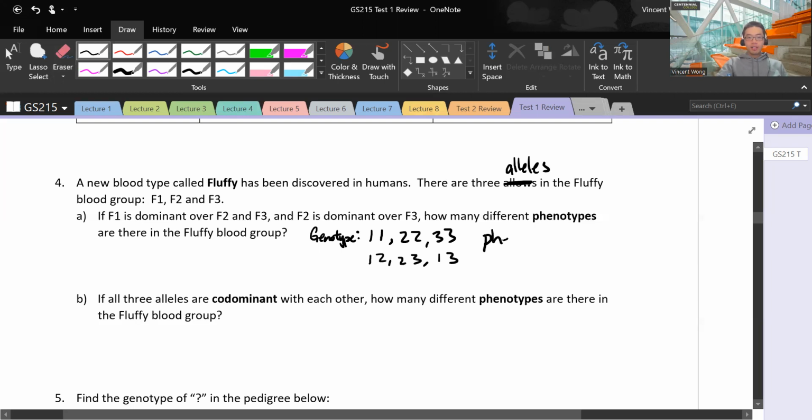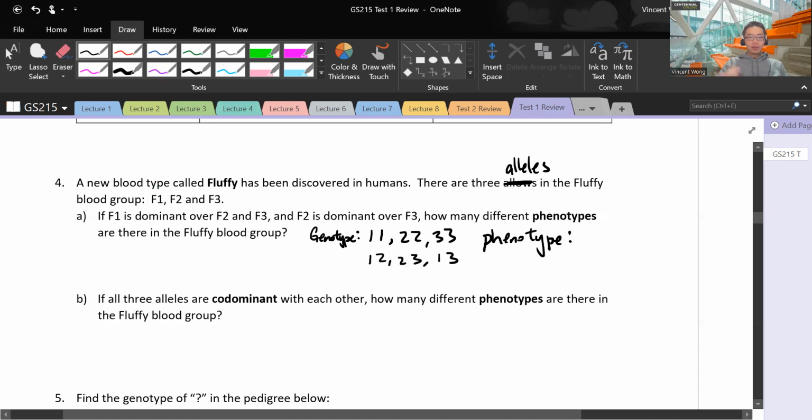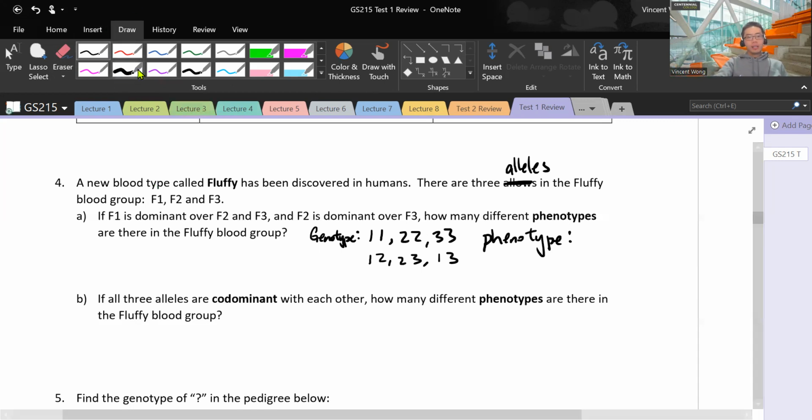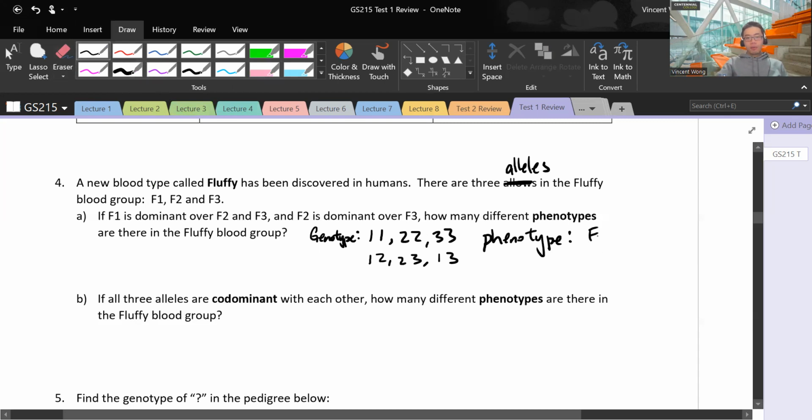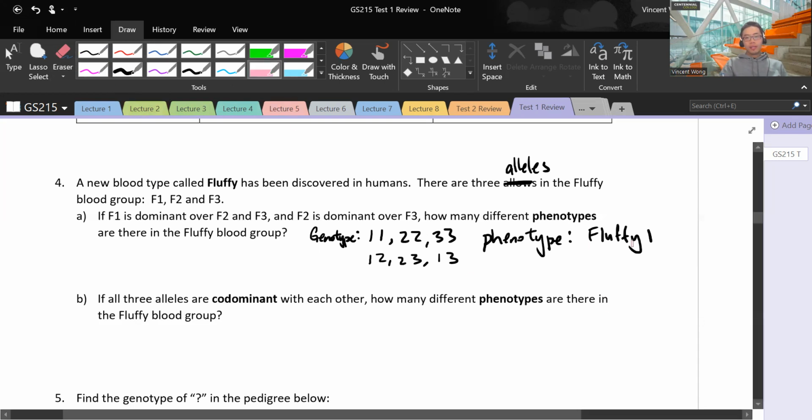All right, let's take a look at phenotype then. So we will call the phenotype fluffy 1 or fluffy 2 or fluffy 3. So let's say fluffy 1. Okay, so which one will be fluffy 1?